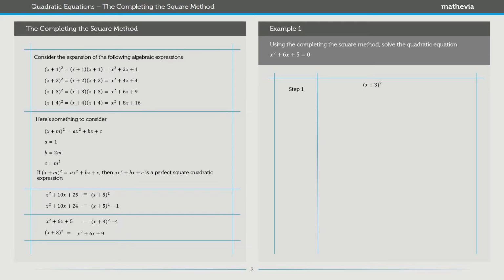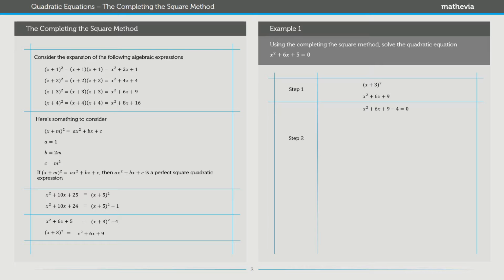So our related square expression would be x plus 3 squared, and this is x squared plus 6x plus 9, because x squared plus 6x plus 5 is obviously not a square expression.